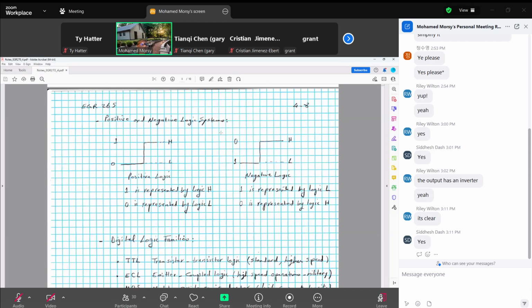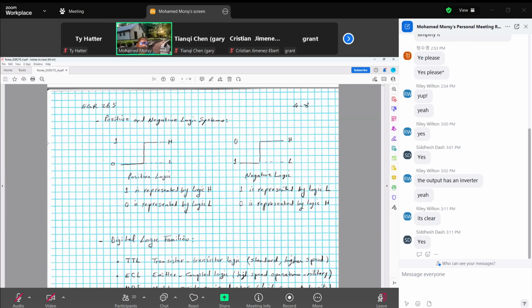We'll talk about it here also: positive and negative logic systems. In the design, most likely we use bit 1 for logic high and bit 0 for logic low. This is like 95% of designs.